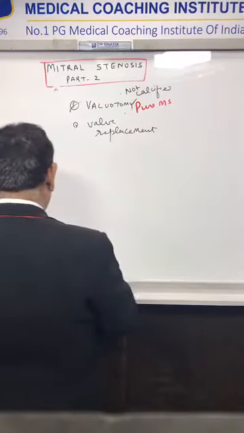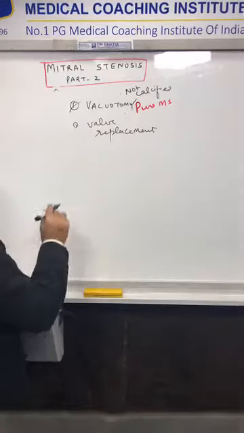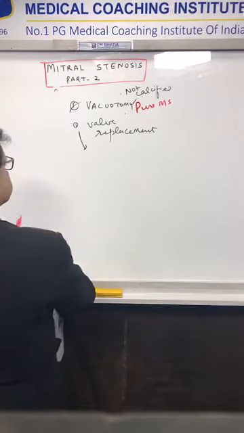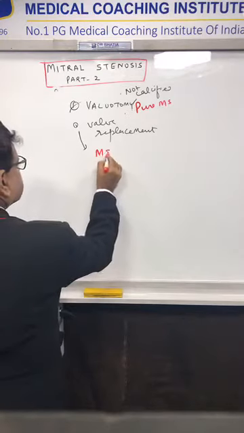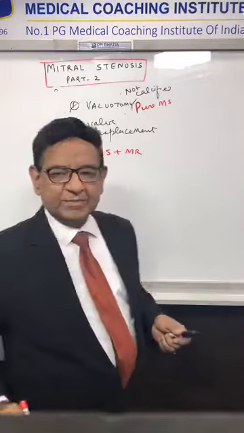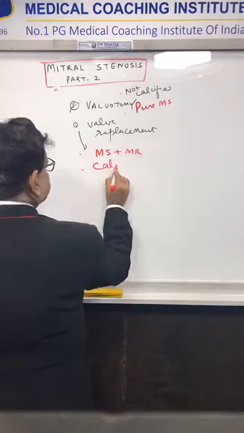Okay. Now we go for valve replacement. When we go for valve replacement, you change the valve, you put some other valve. Valve replacement is done if the patient has MS plus MR. Then you have to go for valve replacement, or if the valve is calcified.